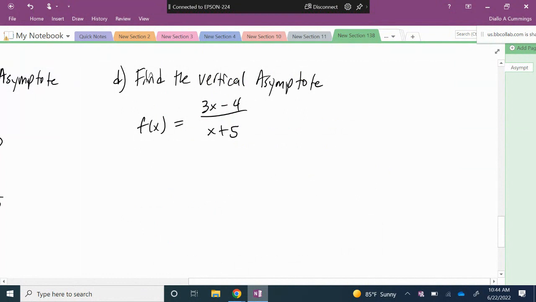Taking a look at our problem, 3x minus 4 divided by x plus 5, we can't factor anything because it's completely factored. So from this point, I'm simply going to take the denominator, which is x plus 5, set that equal to 0 and solve for x.